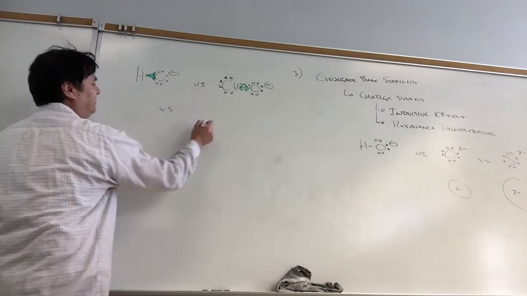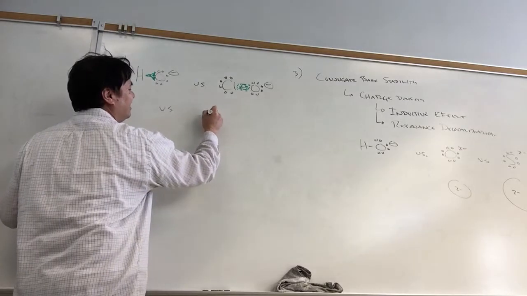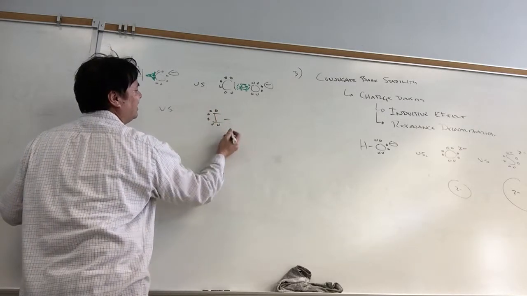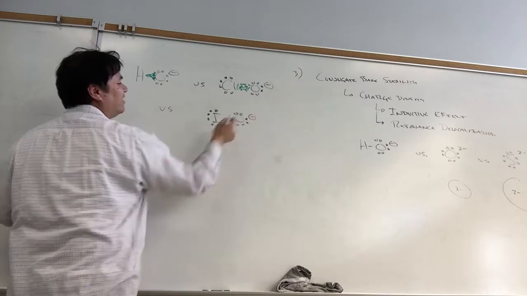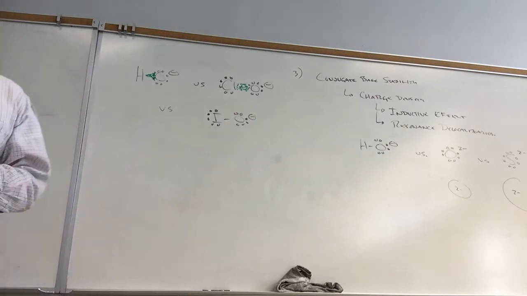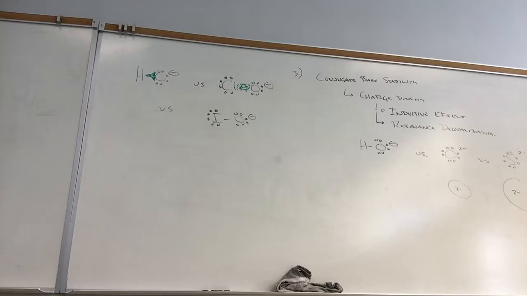Versus hypoiodide. Hypoiodide compared to hypochlorite. Which one do you think is a better base? Hypochlorite or hypoiodide? Both are weak. But which one should be a better base and why?